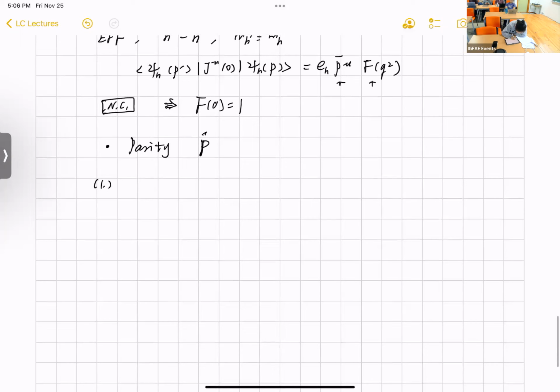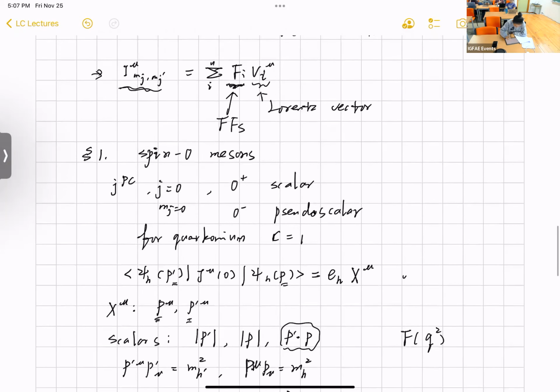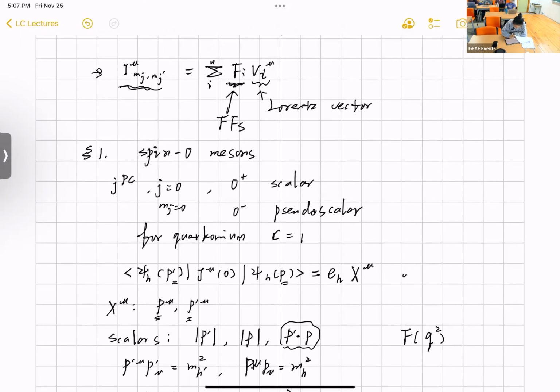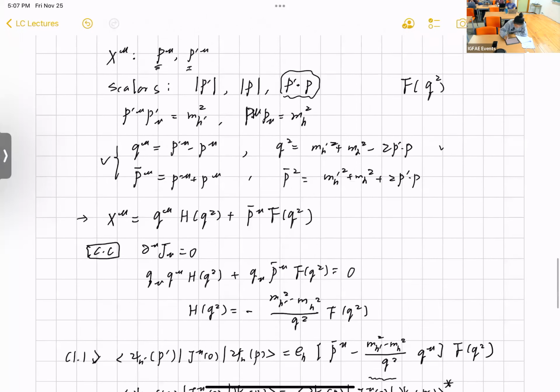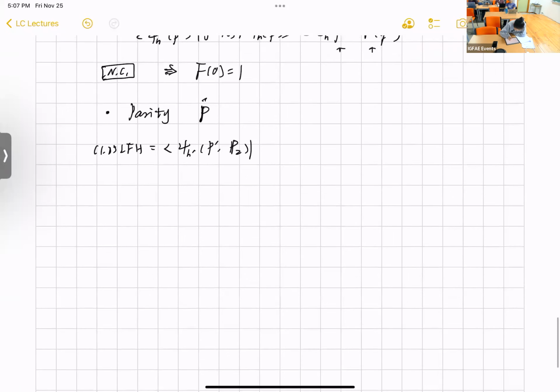For the left-hand side of 1.1, if I put in the operation of parity, let's see what we will get. I will also write out the parity of the meson state. Recall that when I introduced the spin zero meson to you, the spin zero meson could either have parity plus or parity minus.